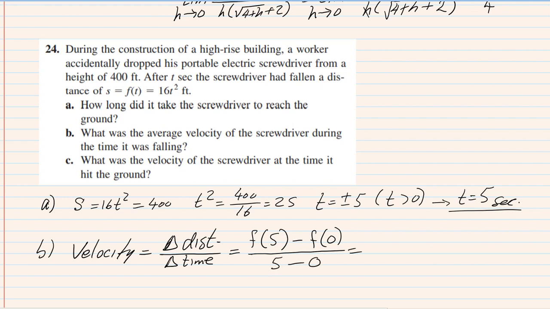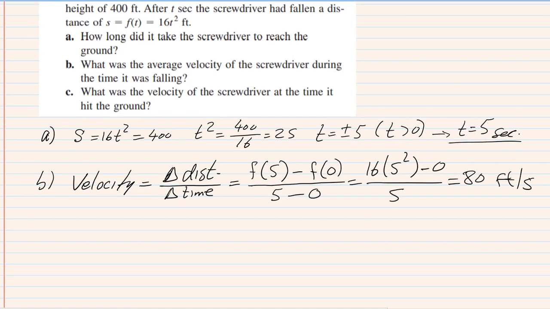That's the fancy way of doing it. I'll show you the common sense way of doing it in a moment. Over 5, and this is going to give us 80 feet per second. That's the velocity. Now here's what I was saying: because we're talking about the average velocity, not instantaneous, we simply look at the displacement change. 400 feet happened in 5 seconds.